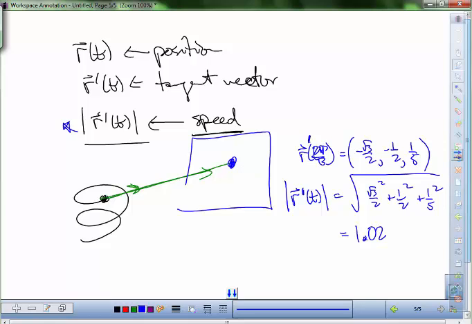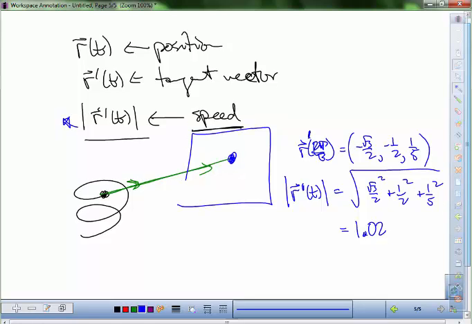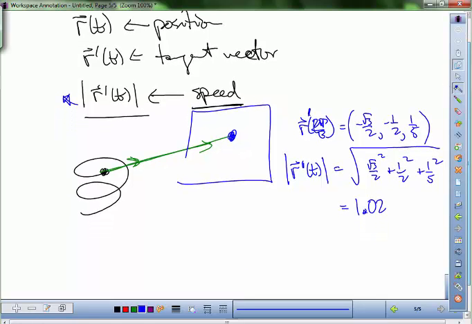So the speed didn't really matter. What's more important is that you have the direction. And a lot of times when the magnitude doesn't matter and you just care about the direction, we usually like to make our vector a unit vector. Okay? So let's come up with what's called a unit tangent vector. Let's do that in the next page.